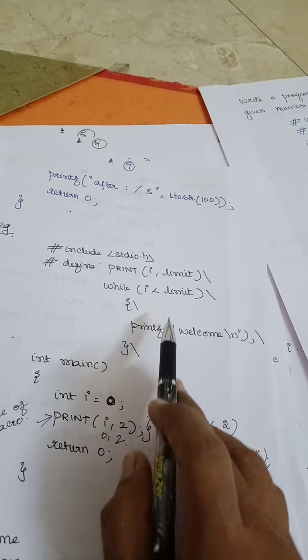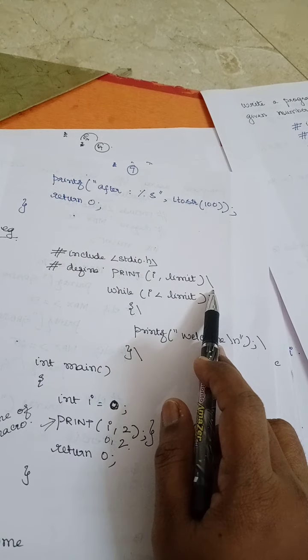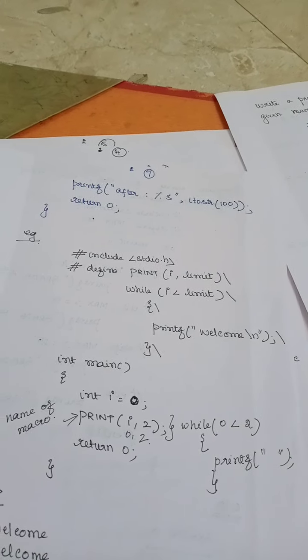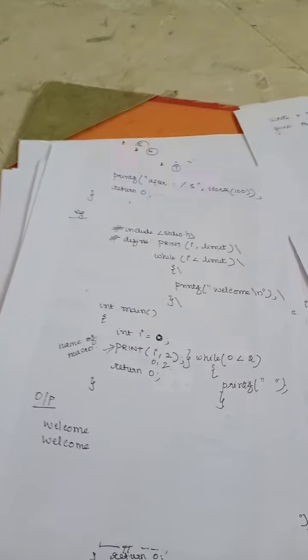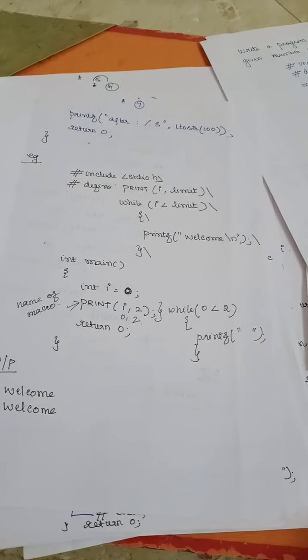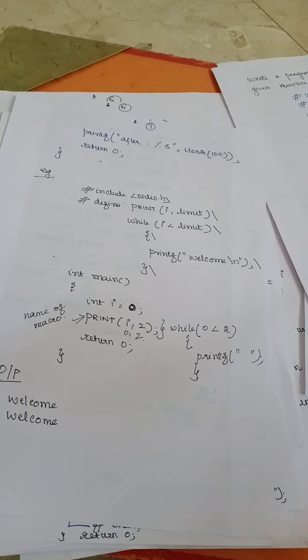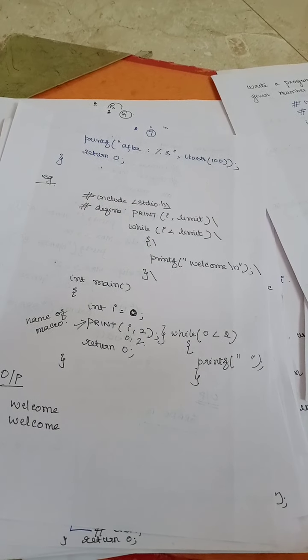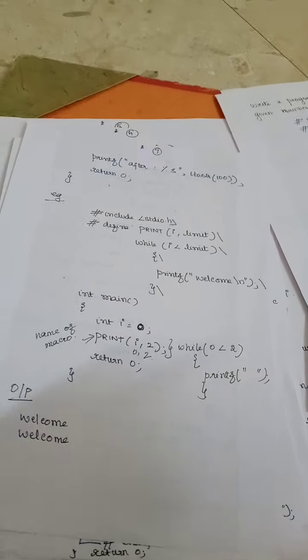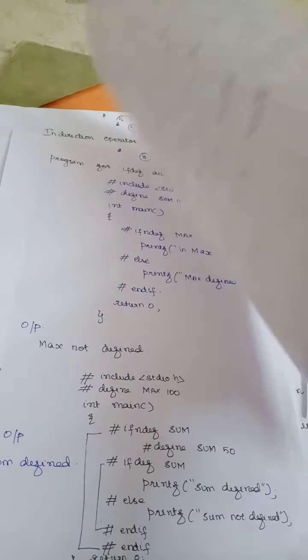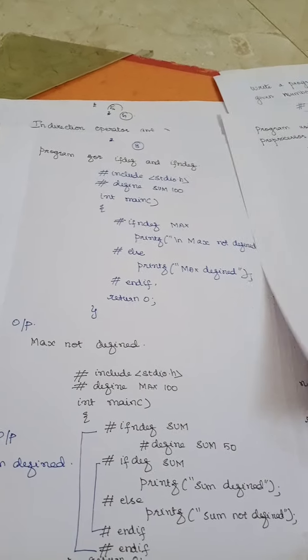It is continuing, right? So this backslash represents what? The macro is continuing. So I will get 2 times. Why 2 times? 0, 1. 2 times the while condition becomes true, so that particular thing will be executed. That means your printf statements will be executed 2 times, right?